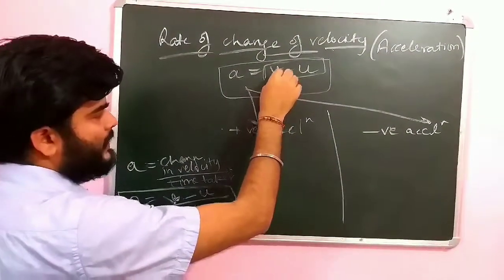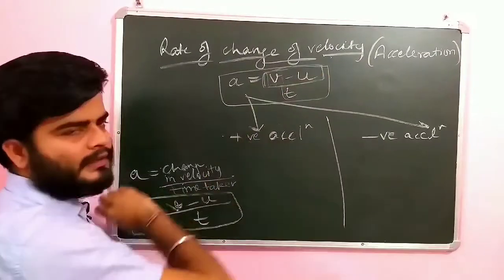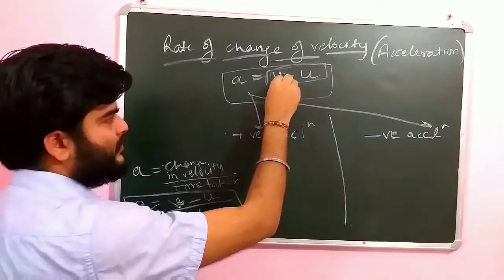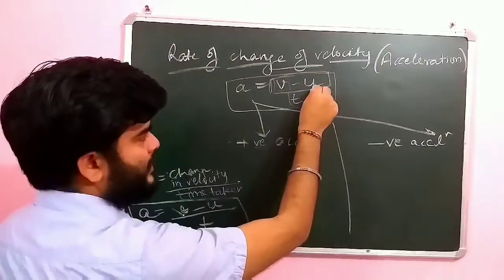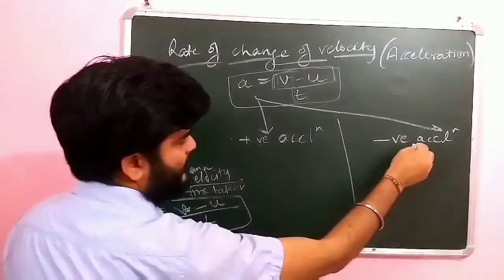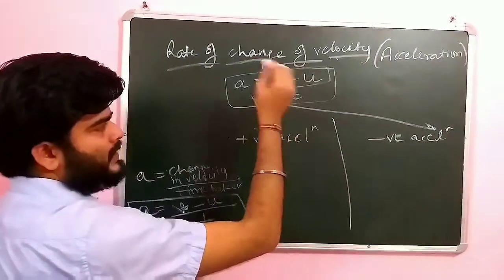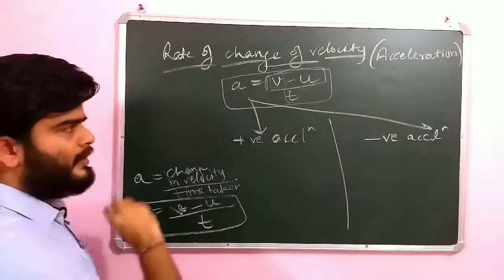Now how can this be positive? When v is bigger than u. It means when the final velocity is larger than the initial velocity, then acceleration will be positive, and if the final velocity is less than the initial velocity, then acceleration will be negative.